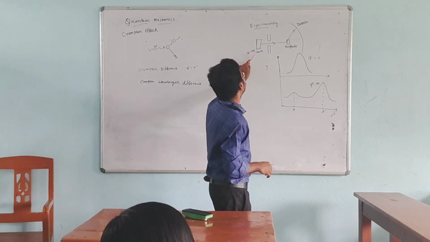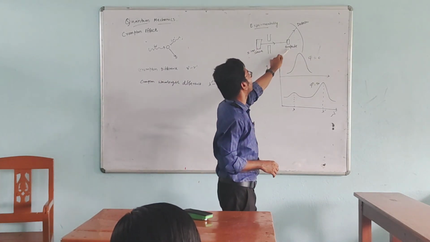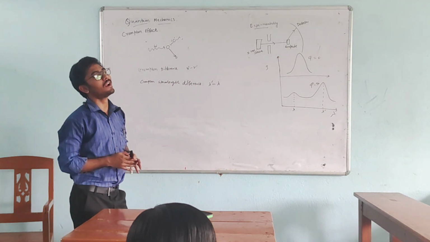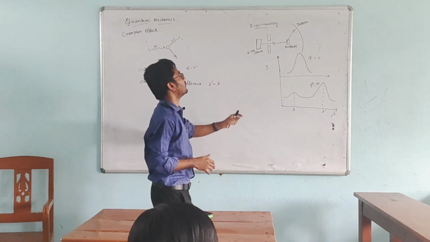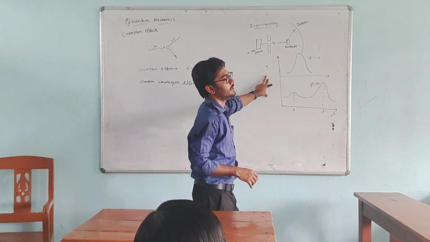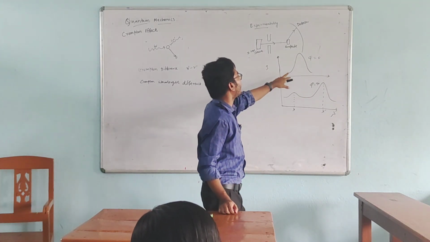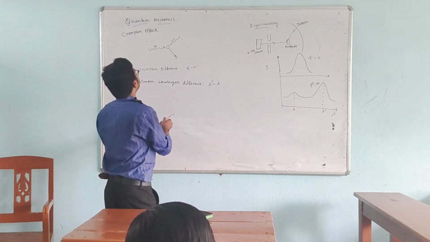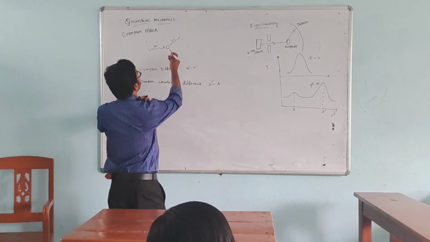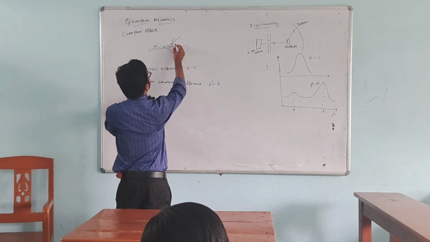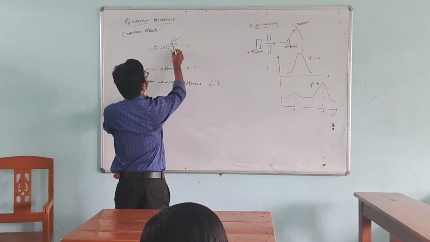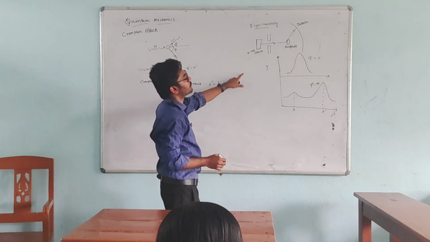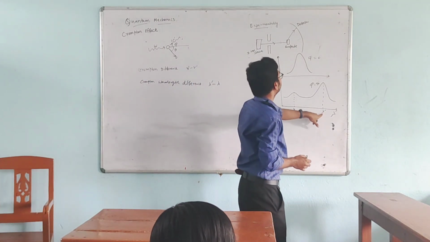So this is the experimental observation that when X-ray falls on graphite and we detect the scattered wavelength, we find this type of intensity distribution. Phi means this angle and this is theta. When phi equals 0, there is no wavelength difference.